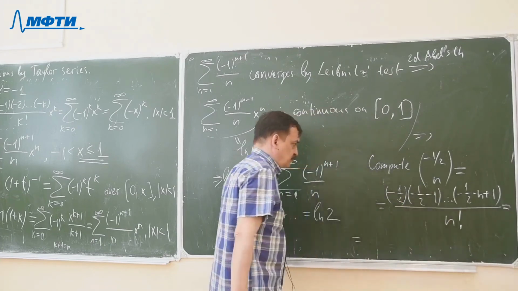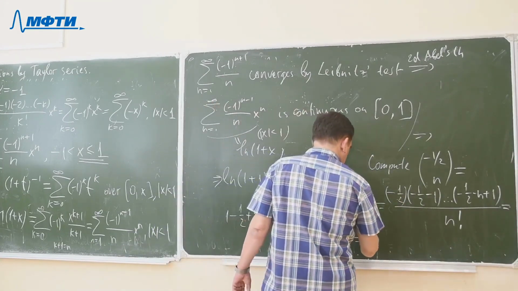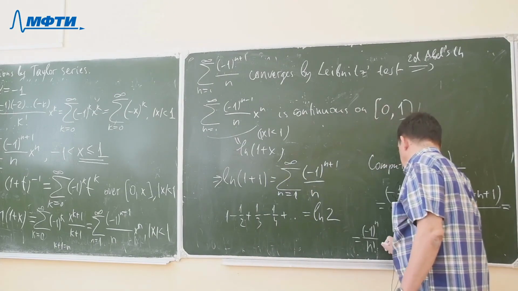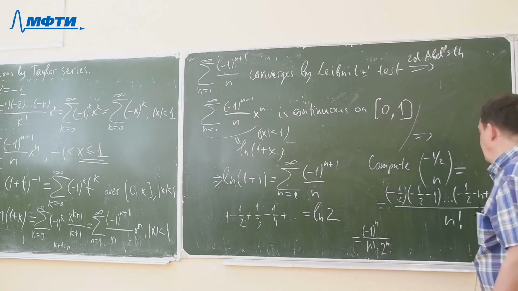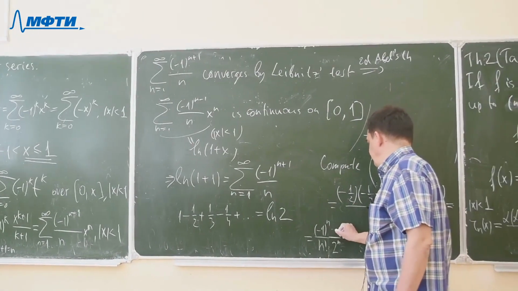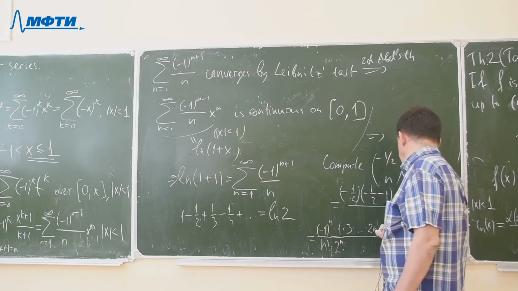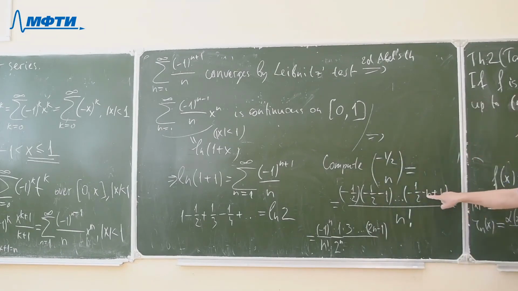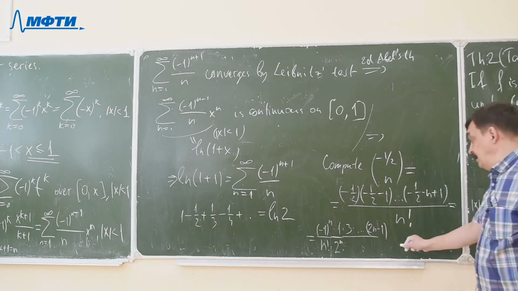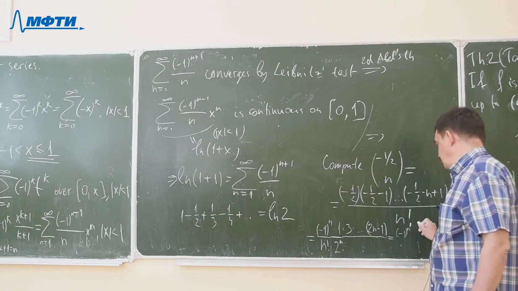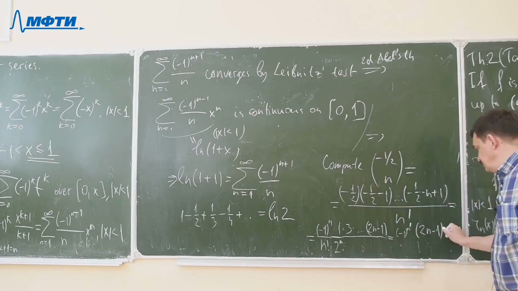We have n terms with minus, so minus 1 to the power n over n factorial times 2 to the power n, and in the numerator we have 1 times 3 times and so on, up to 2n minus 1. And that is denoted by a double factorial, so 2n minus 1 double factorial.